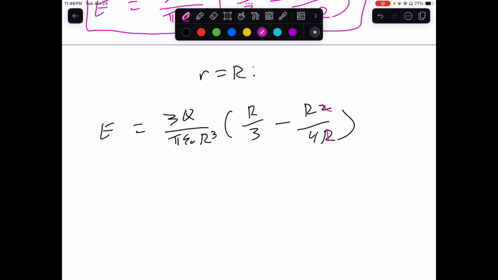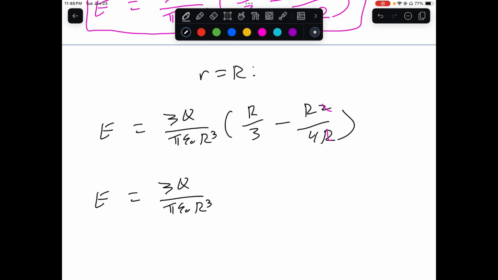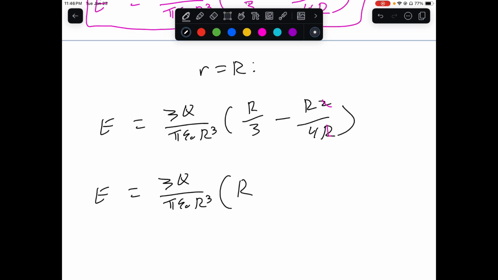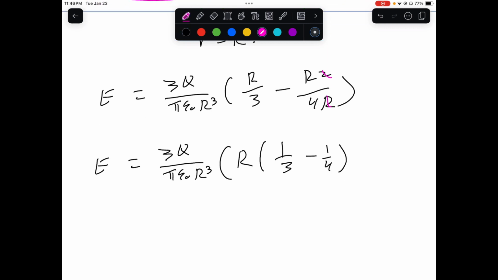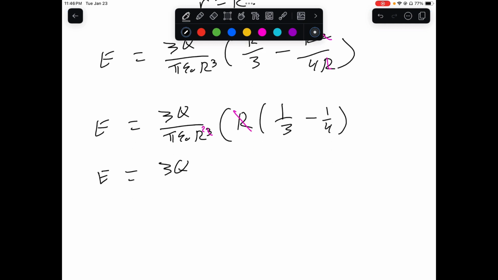I'm going to factor out a big R. So 1/3 minus 1/4. Then I can reduce that down, and I get E is equal to 3Q over pi epsilon naught R squared.